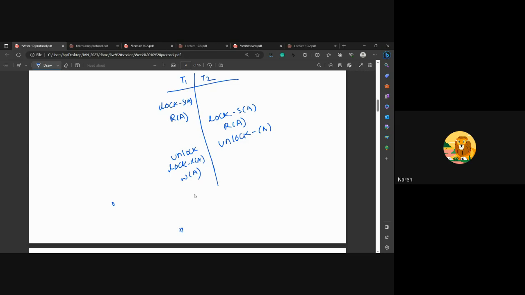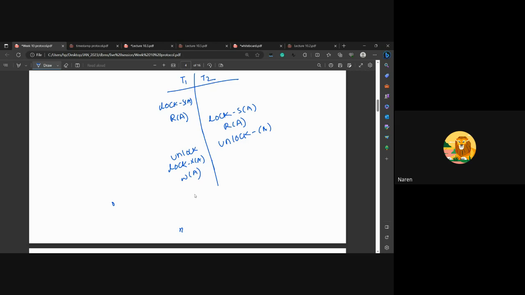But it should be only on the data item A. If T3 is having data item B, that is separate. Then you can lock that data item separately. Only locking shared lock of data item A. If any other transaction has a lock on A, all A's should be unlocked, and then only you can start using the lock X.